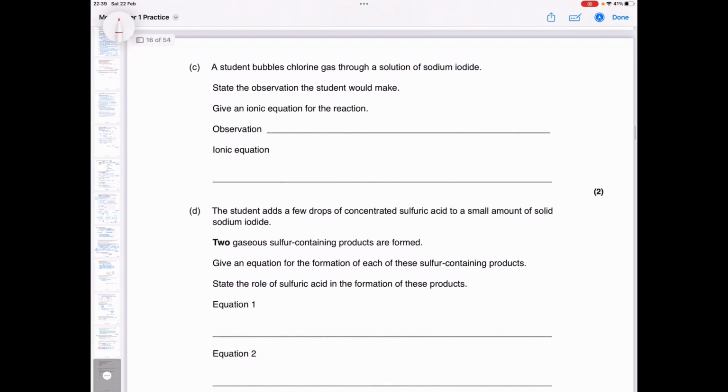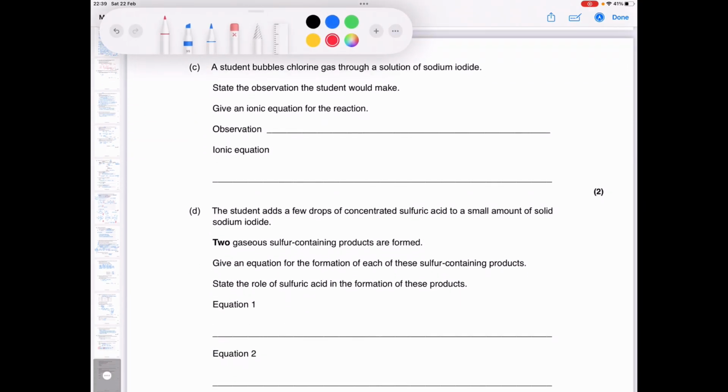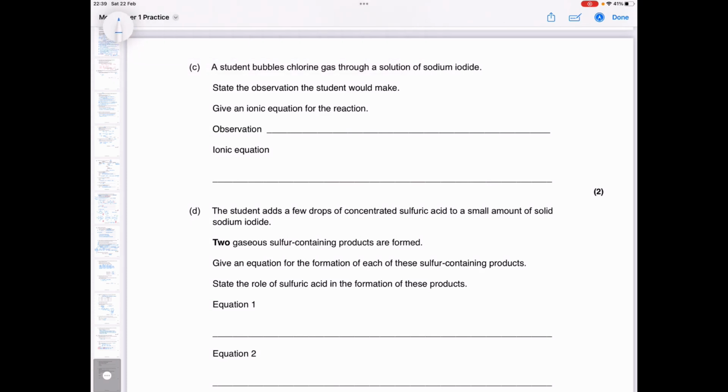A student bubbles chlorine gas through a solution of sodium iodide. State the observation the student would make. Give an ionic equation for the reaction. So chlorine is more reactive than iodine, and therefore it will displace iodine from a solution of iodide.